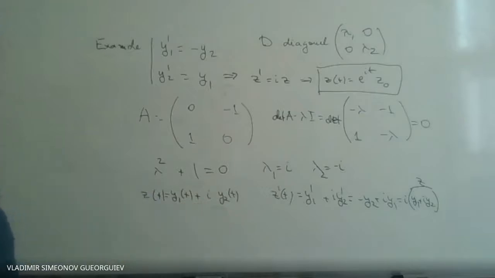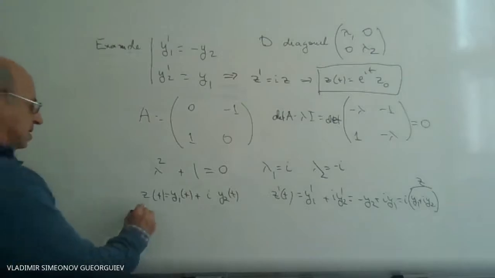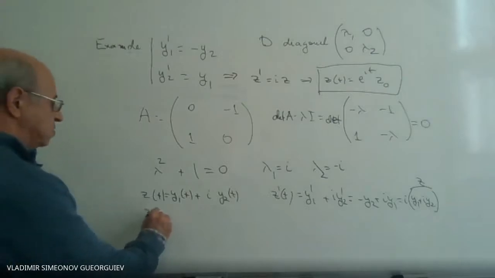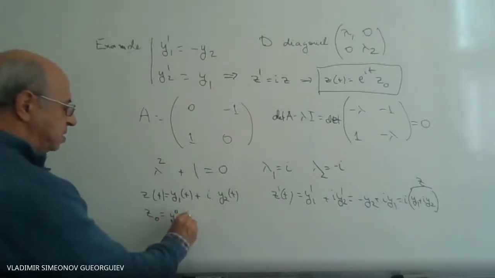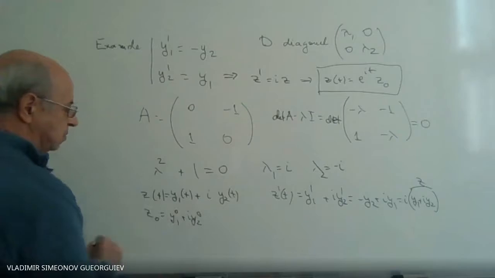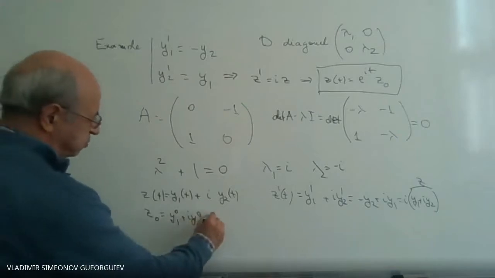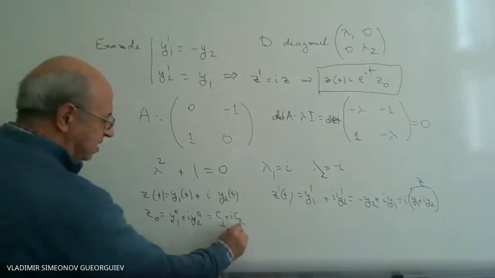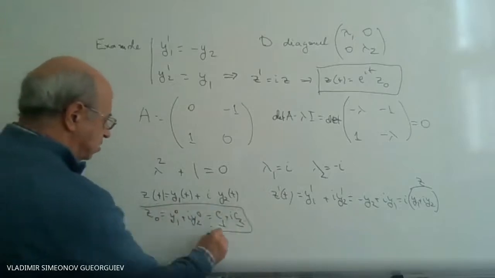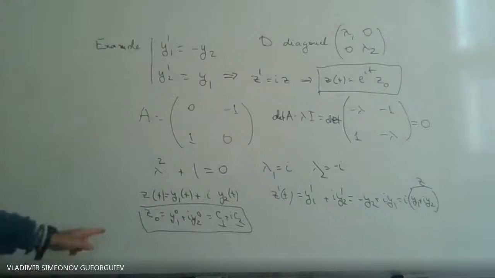The imaginary part of zeta. We shall compute after a while, taking zeta(0) equal to epsilon1(0) plus I epsilon2(0). Actually, I shall write this as c1 plus I c2. These are real numbers. I shall use c1, c2 and compute zeta.